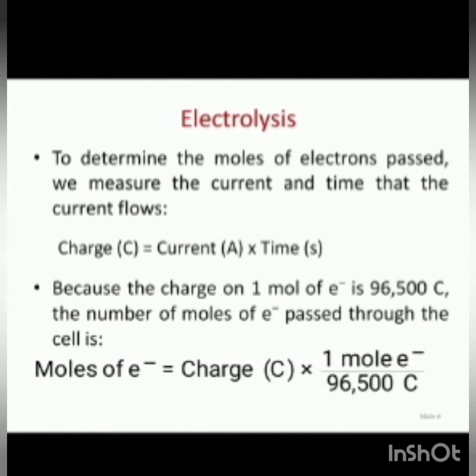Then charge Q is equal to current times time. Because the charge on 1 mole of electrons is 96,500 coulombs, the number of moles of electrons passed through the cell is given by the following expression: moles of electrons is equal to charge divided by 1 Faraday.